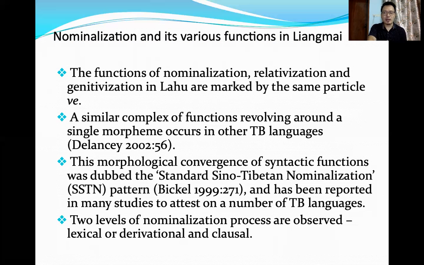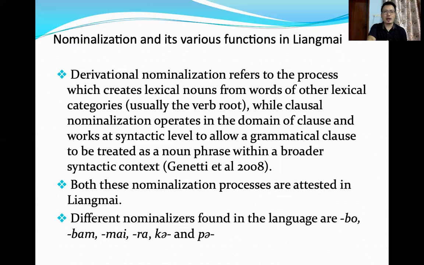Two levels of nominalization process are observed, lexical or derivational and clausal. Derivational nominalization refers to the process which creates lexical nouns from words of other lexical categories, usually the verb root, while clausal nominalization operates in the domain of clause and works at syntactic level to allow a grammatical clause to be treated as a noun phrase within a broader syntactic context.